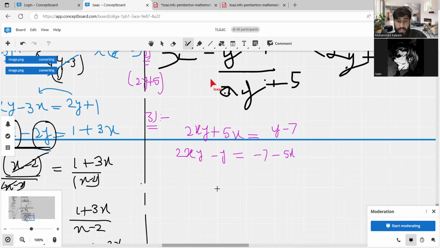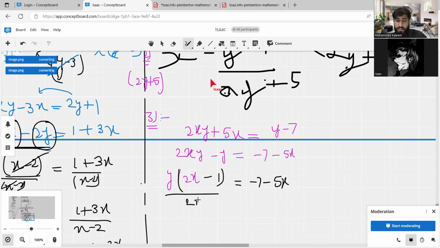Does this make sense, Isaac? Yeah. Then y will be taken as common. So 2x will be left over in the first term. And what will be left over in the second term? Nothing is left over, so we will write 1 because y divided by y is equal to 1. I hope you know the concept of taking common. Next we have to make y separate, all alone. What do we have to do?